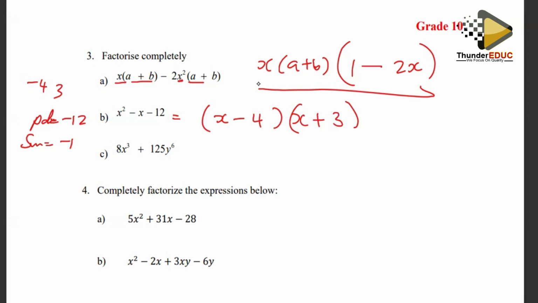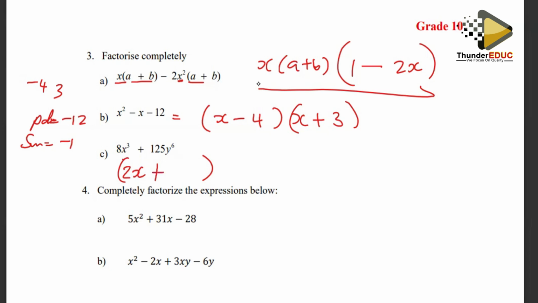Part C, 8x cubed plus 125y to the 6. So we can see that 8 is a cube number, x is raised to the exponent of 3, 125 is a cube number, and so on and so forth. So open your two brackets. The cube root of 8 is 2. Okay, that's 2x.